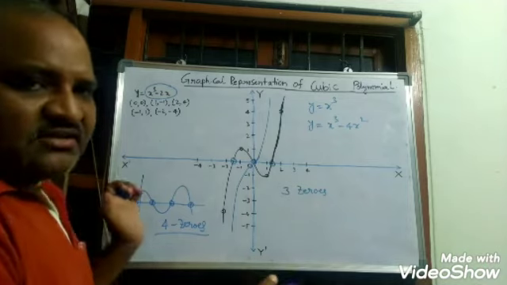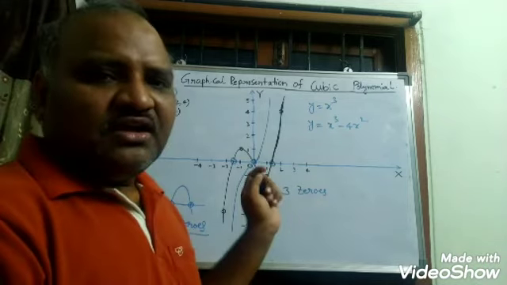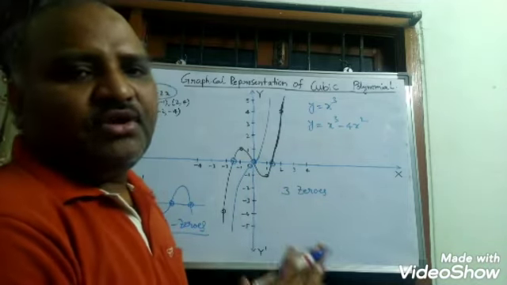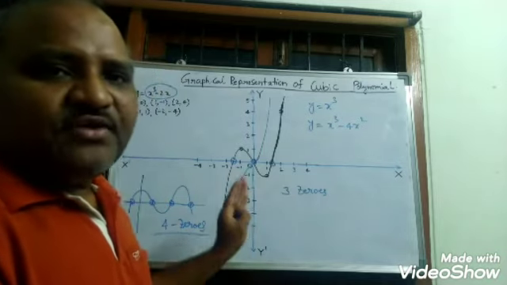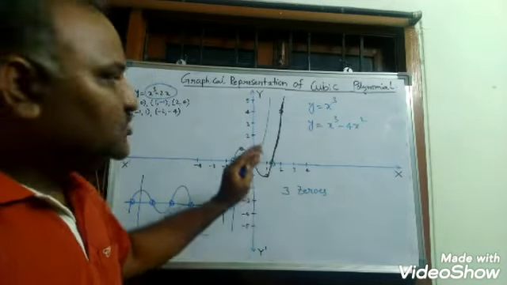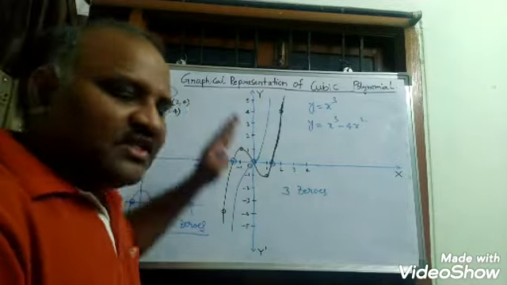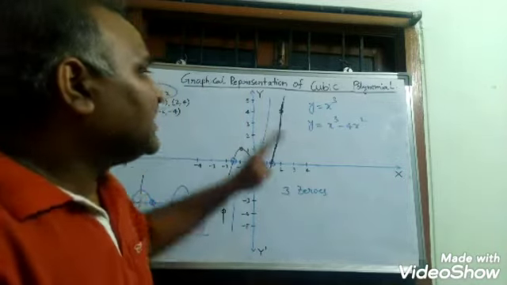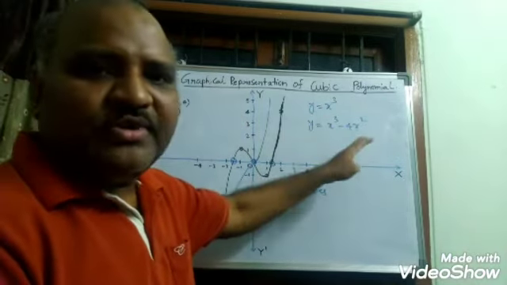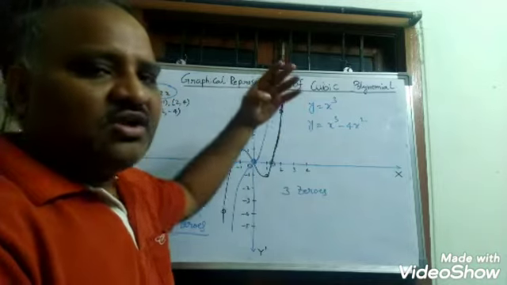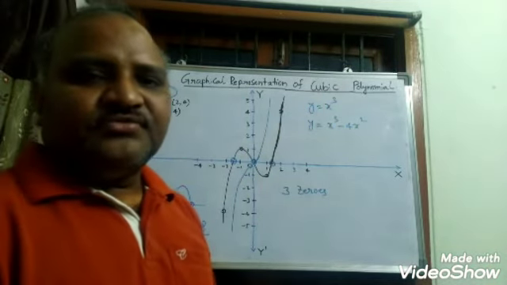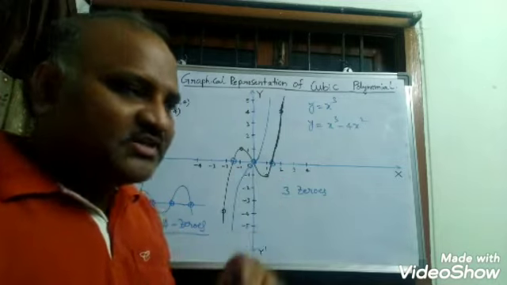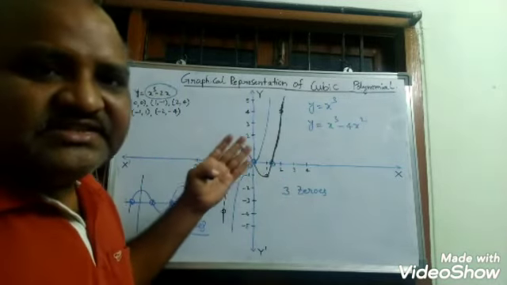In a simple manner, just by counting the number of points where it meets the x-axis, we can say its number of zeros. So in the graphical representation of polynomials, it may be linear, quadratic or cubic, this point must be noted, which is very important, and basing on this only we have exercise 3.2.